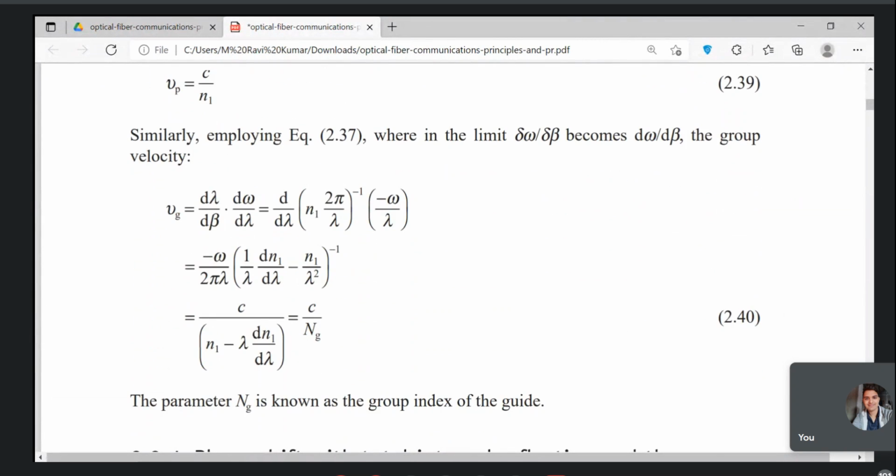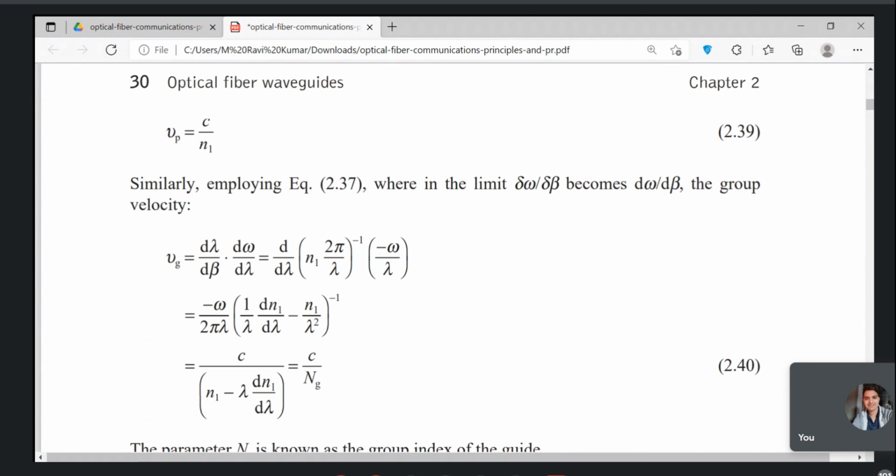So the phase velocity is given by c by n1. I hope you are also familiar with this. n1 corresponds to the refractive index of the core, and c corresponds to the velocity of light.